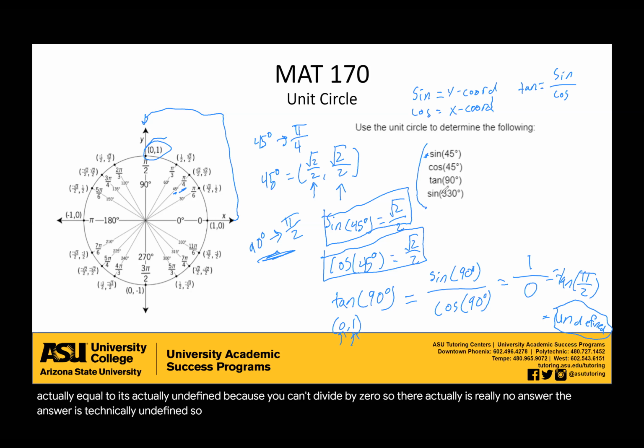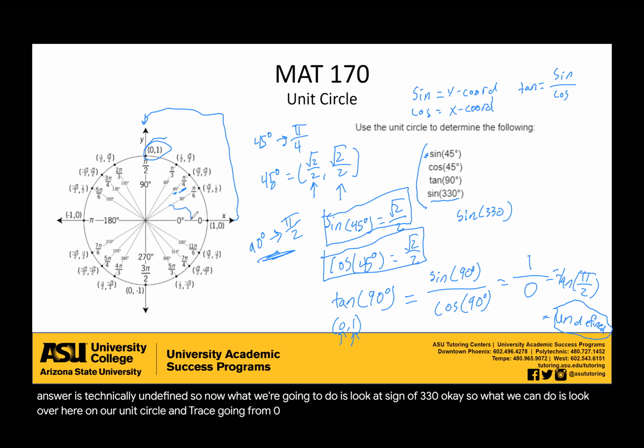So now what we're going to do is look at sine of 330. Okay, so what we can do is look over here on our unit circle and trace going from 0. We can go all the way around.